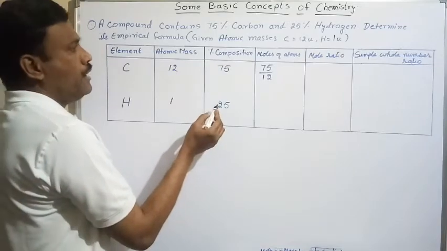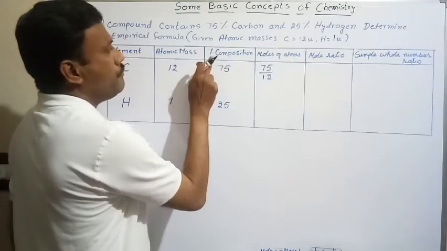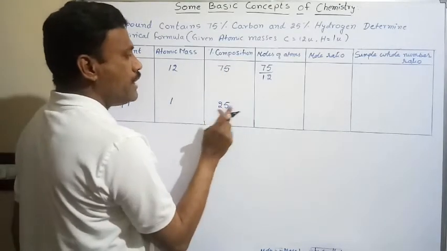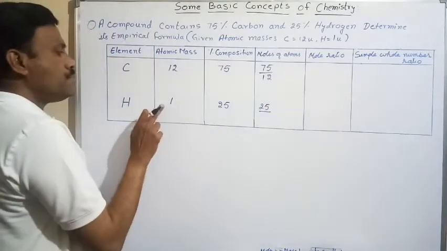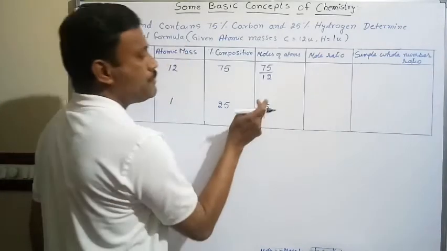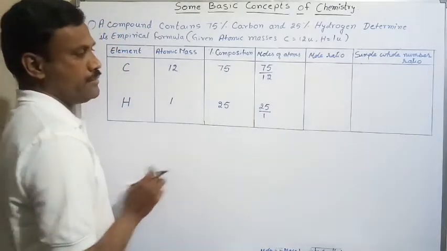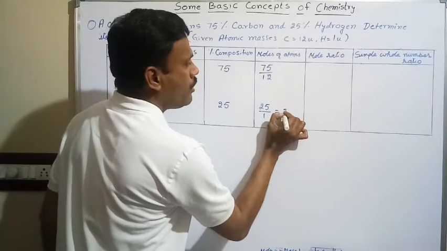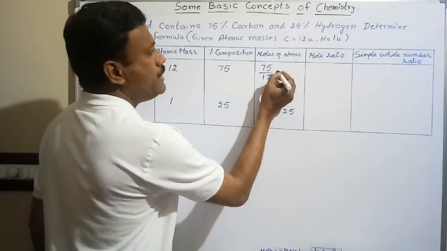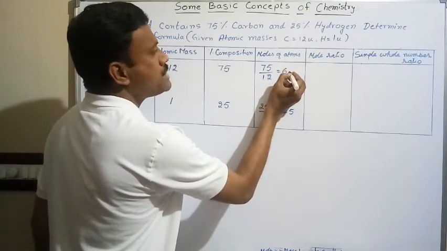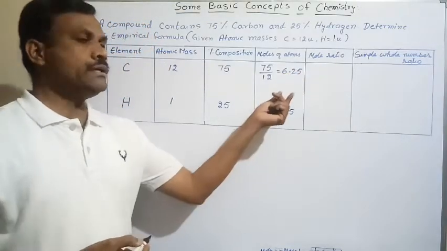Similarly, for hydrogen, percentage composition is 25 and atomic mass of hydrogen is 1. Percentage composition divided by atomic mass of element. So this gives 75 divided by 12, that gives 6.25. Here I am substituting it directly.